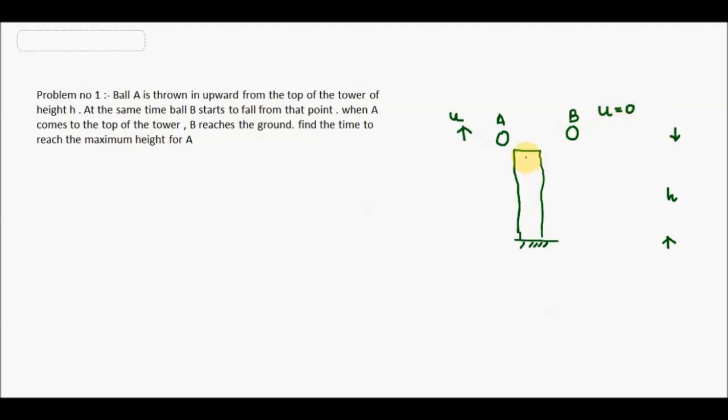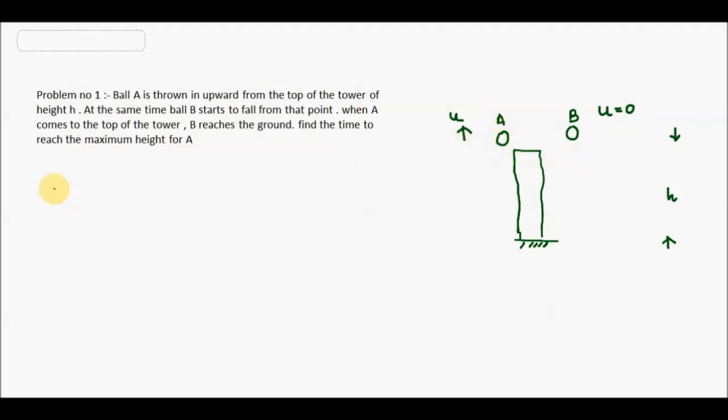So what does the problem say? The problem says that ball A is thrown upwards and after some time it reaches its maximum point, and it again turns and returns to its original position, and at that time ball B has reached the ground.